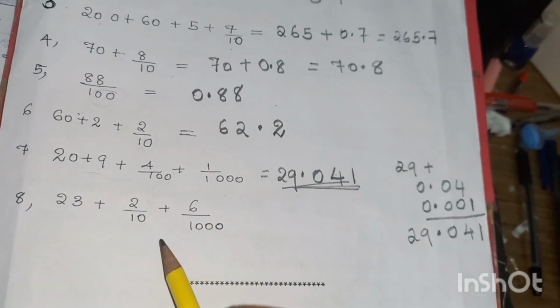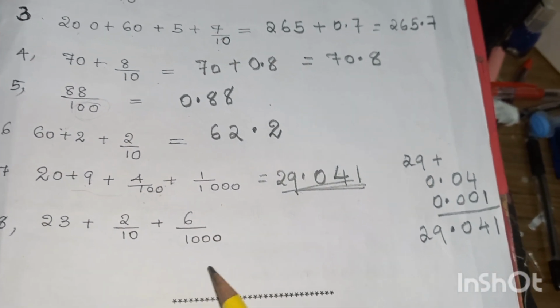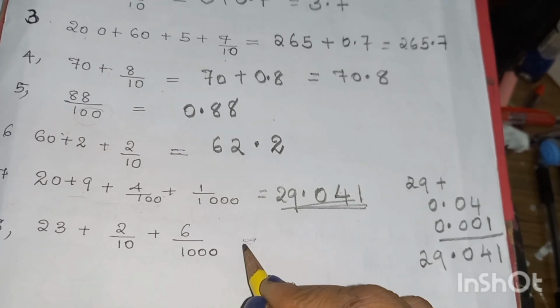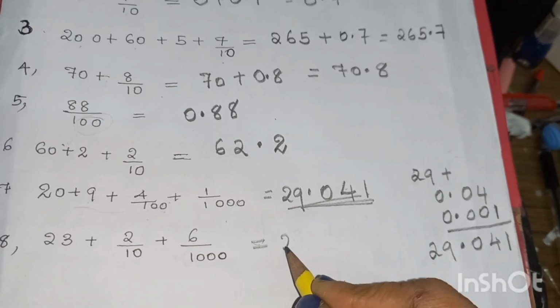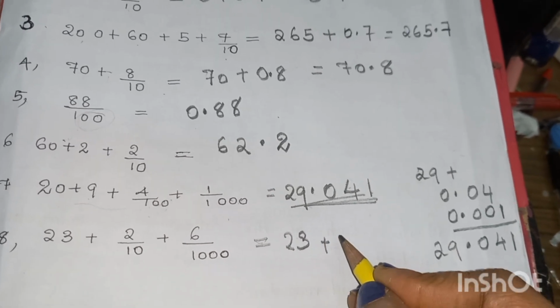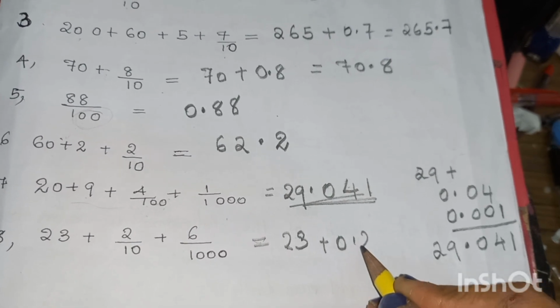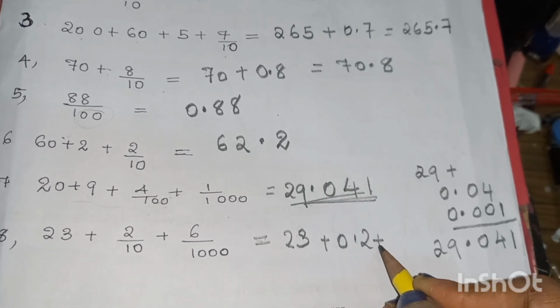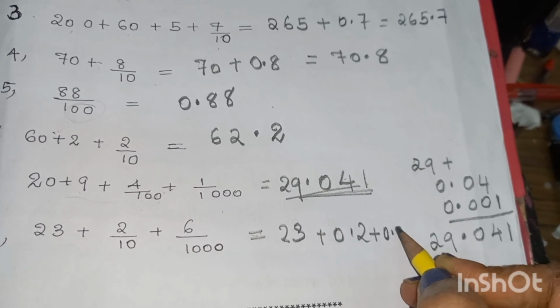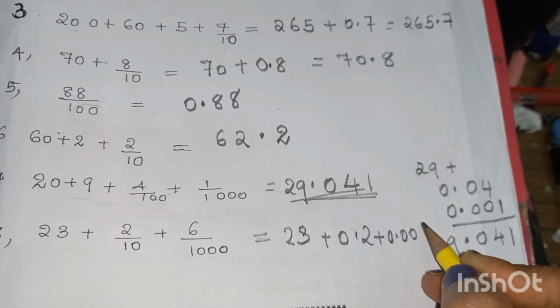Okay, next one, 23 plus 2 by 10 plus 6 by 1000. So 23 plus 0.2 plus 0.006.